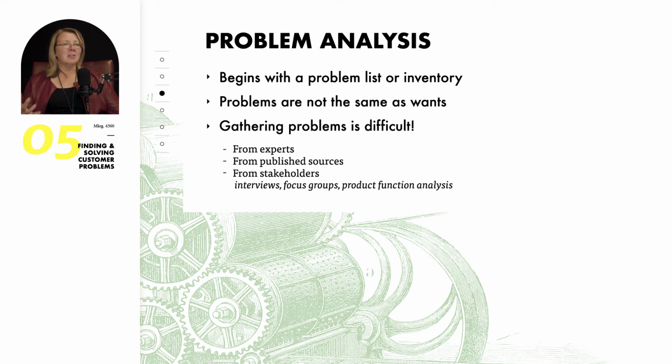You can also leverage experts in the field or published sources, or especially here, get after your stakeholders for the information they can give you. You've got to pin them down. In order to do that, you're interviewing them, maybe doing some focus groups, involving them in some analysis on the sorts of problems that they're having to get that information from them.